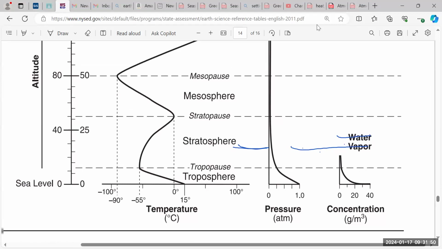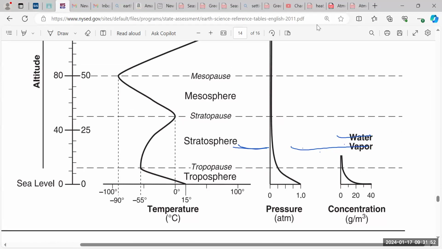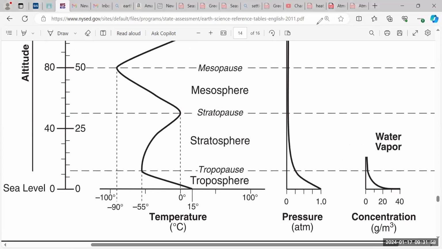I'm starting at the tropopause, going to the mesopause, and I'm going to highlight my black line. My starting point, the tropopause, is right here, and then the mesopause is right here. So what is the line doing as it goes from the tropopause to the mesopause?